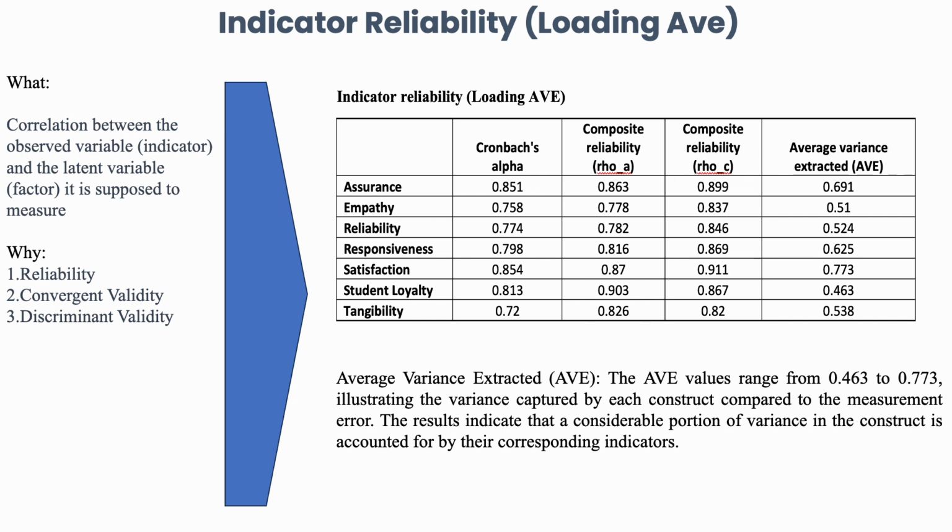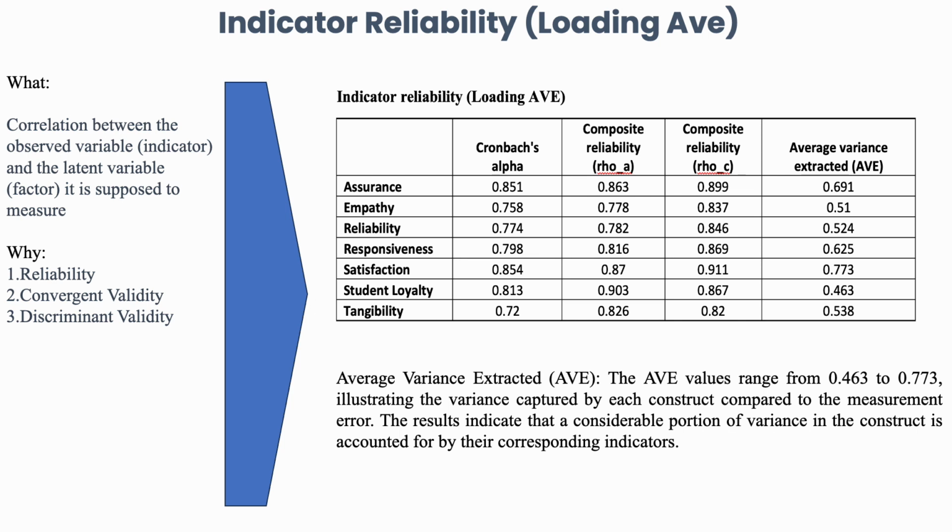The range for rho A value is between 0.778 and 0.903, and for rho C, values are between 0.82 and 0.911. This means that both are indicating high shared variance among indicators and hence a strong reliability of the construct.